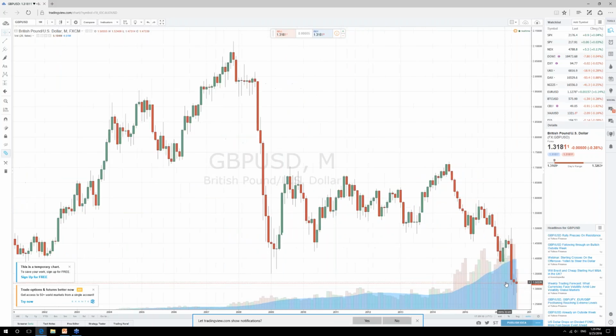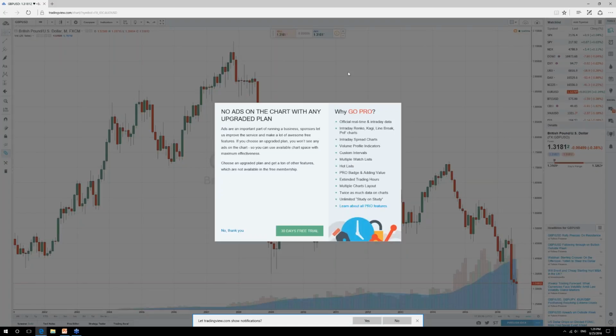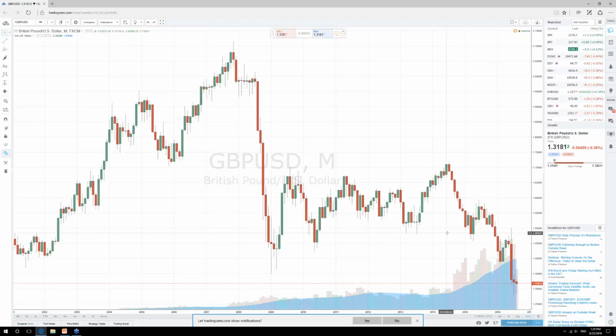But the reason why the British pound dropped so massively on the referendum was, in part, because it was unexpected. There was a lot of uncertainty behind it because market participants don't know what's going to happen.